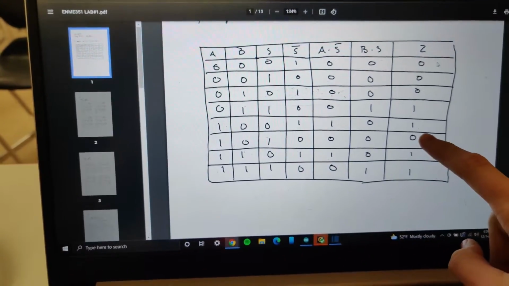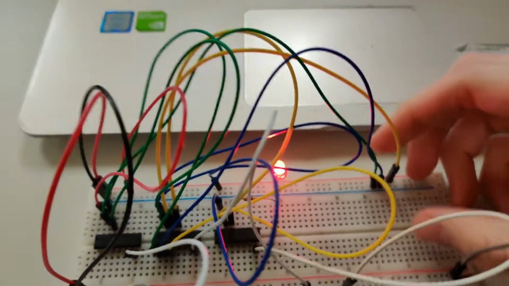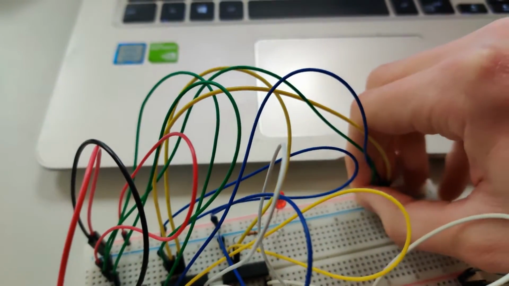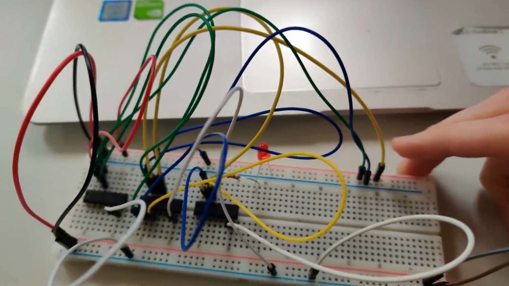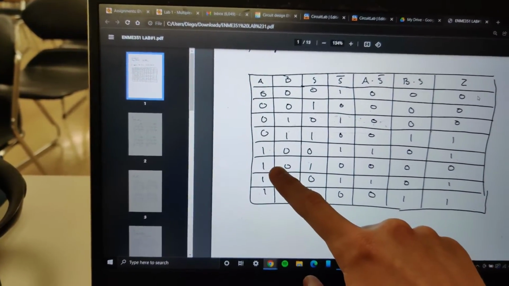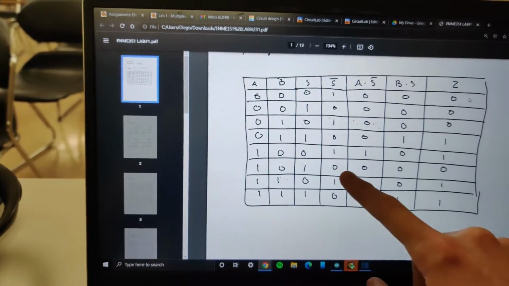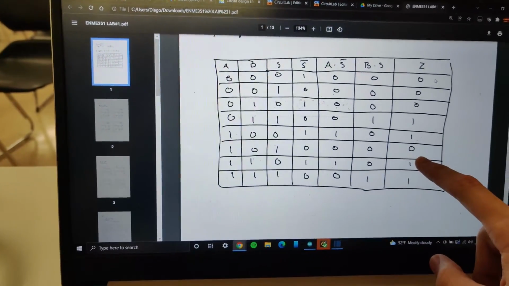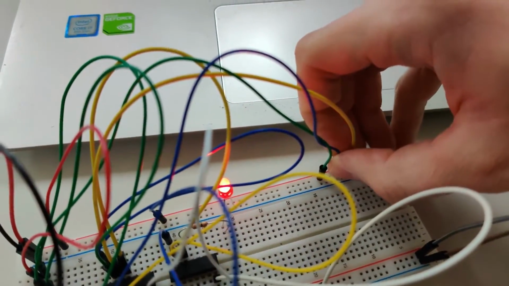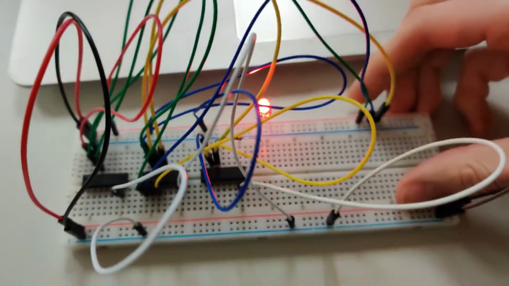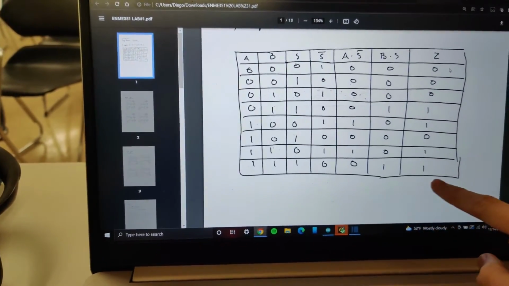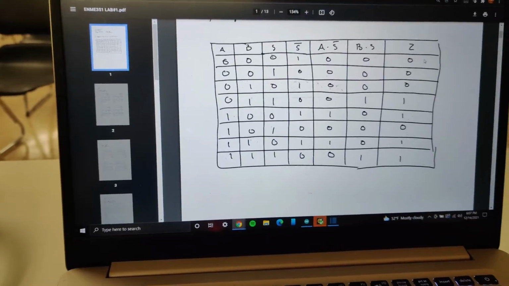If we put the selector on high right now, we get a low output, and that would be this value right here, where we have A high, B low, and S high. We get a low output. And if we put B on high, we would also have a high output, matching this row right here.